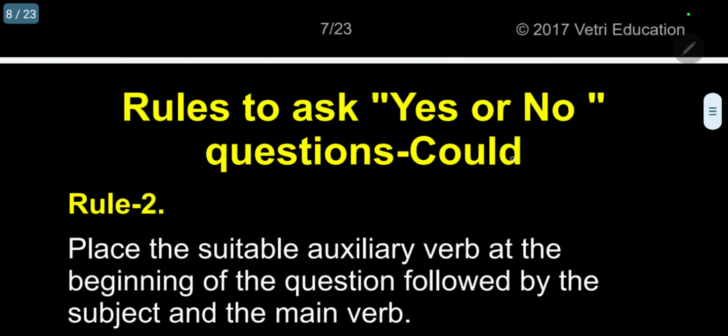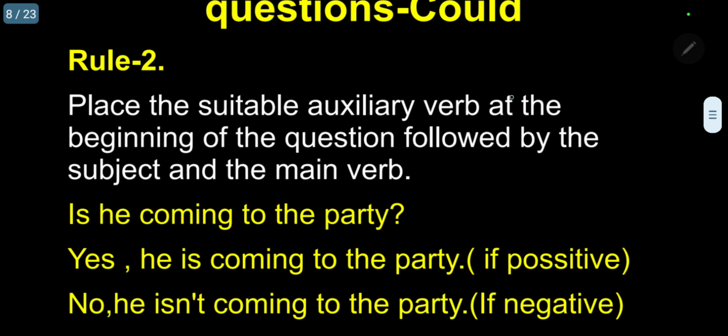Okay. Rule 2, please follow. Place the suitable auxiliary verb at the beginning of the question when you are raising yes or no questions, followed by the subject and the main verb. I am giving a simple question.